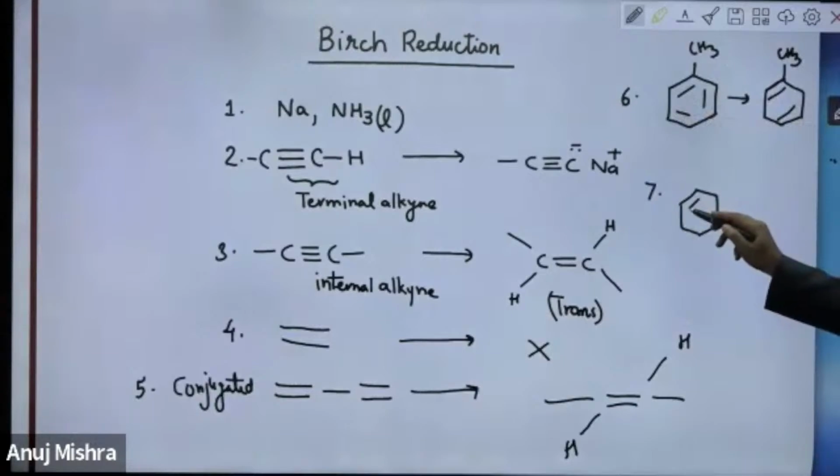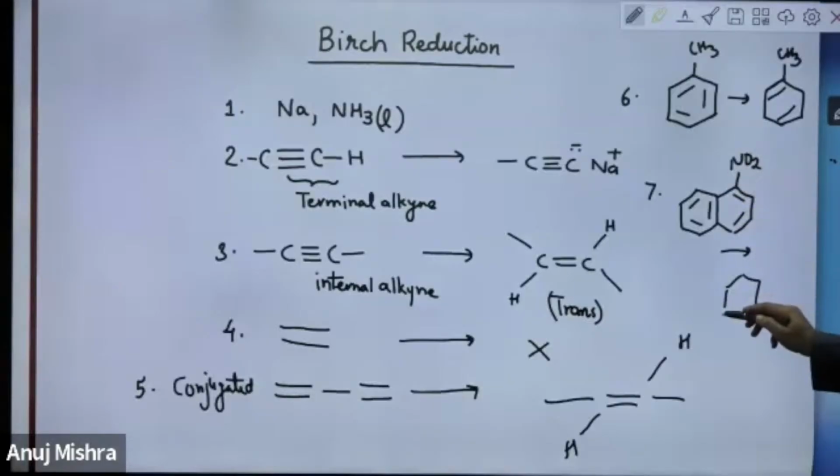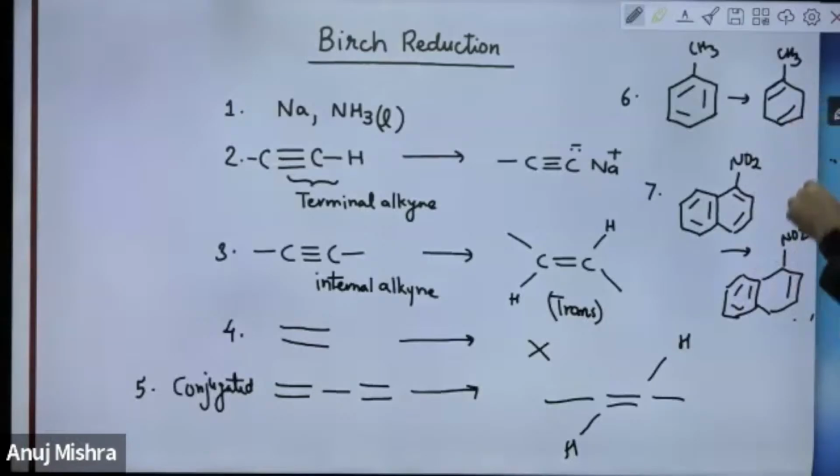If you put this kind of ring and then NO2 kind of setup, this time you observe NO2 is not having a double bond here, nor here. It is having it sideways here. So this is a basic difference.